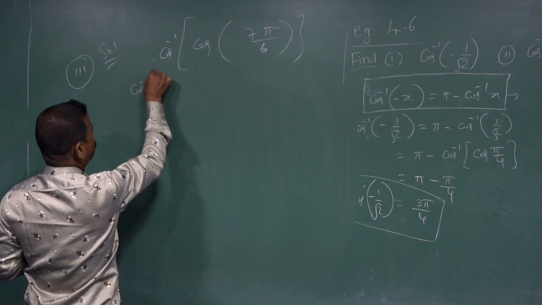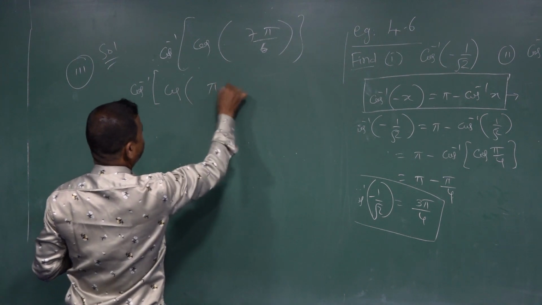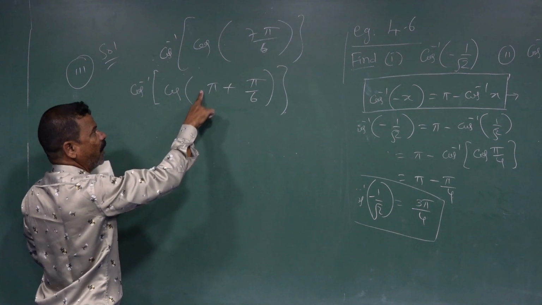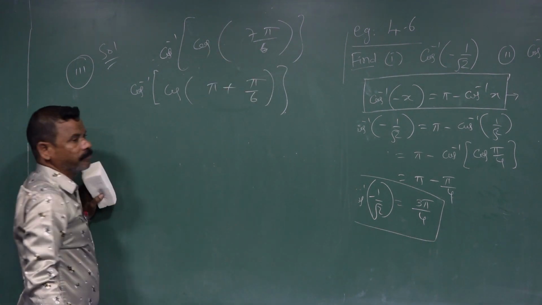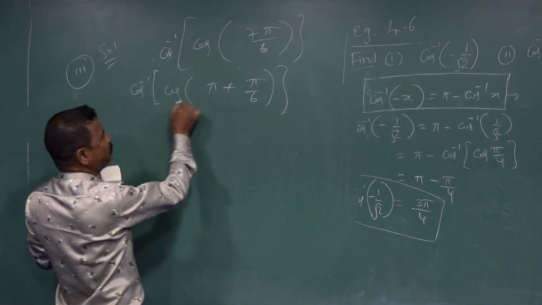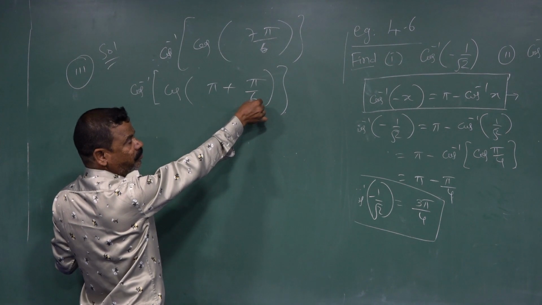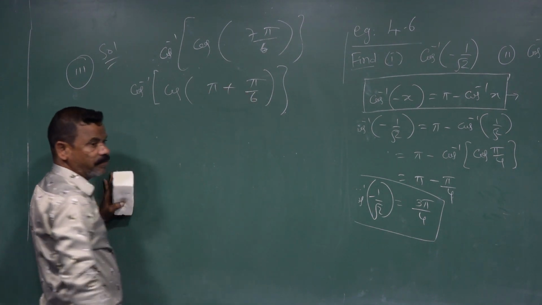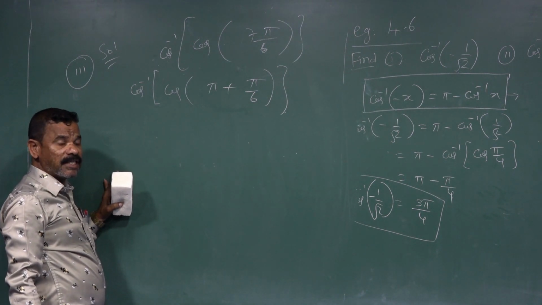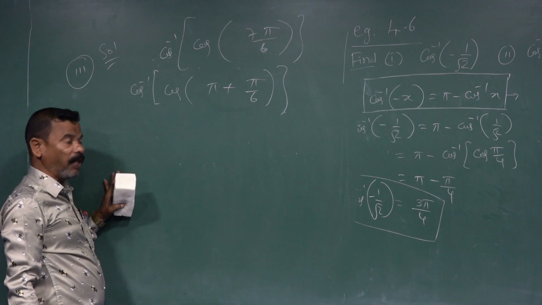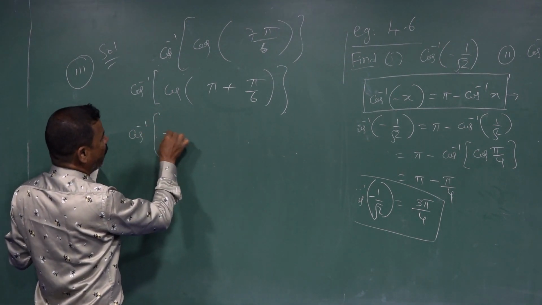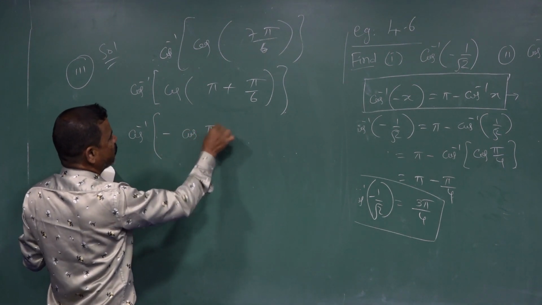Cos inverse of cos of π plus π by 6. Is it correct or not? Take LCM: 6π plus π, 7π by 6. After that, this is cos of 180 plus theta, in the third quadrant. So in the third quadrant, sin and cos are negative, tan and cot positive. So this is cos inverse of minus cos π by 6.